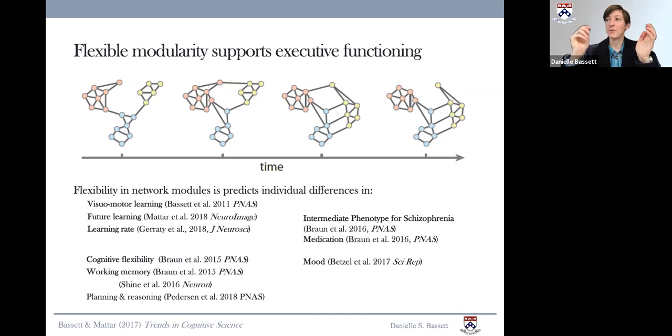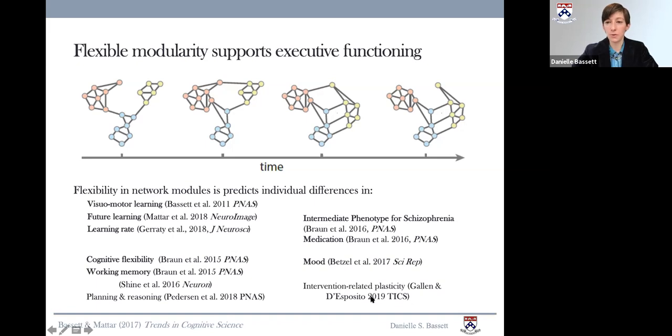And then start to ask questions about why it is flexibly modular, and how that flexibility allows for a balance between the performance of specific cognitive processes and the necessary interdigitation of cognitive processes when we have to learn, when we have to respond, when we have to plan, when we have to reason, when we have to be flexible cognitively between different rules or paradigms in our behaviors, etc.